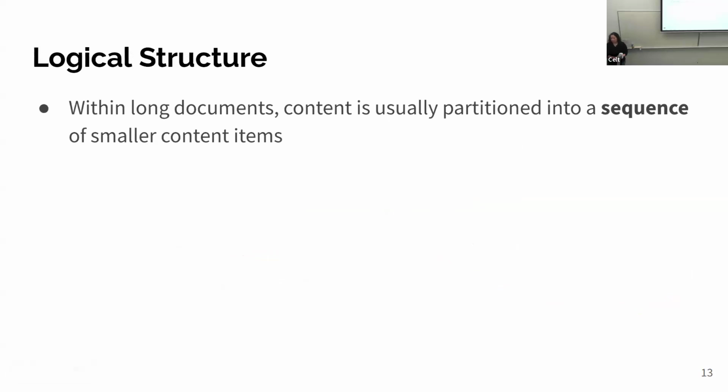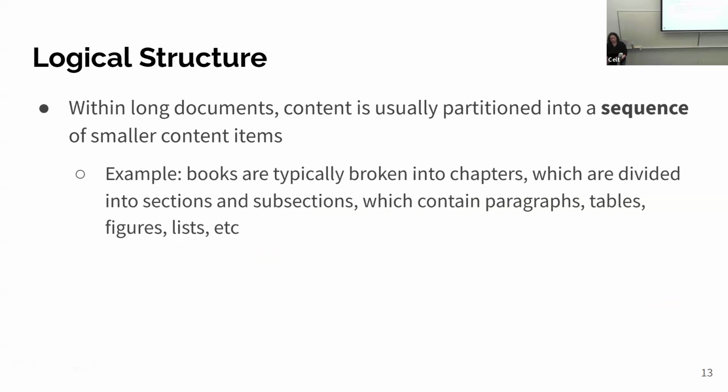When you have long documents, content is usually partitioned into a sequence of smaller content items. For example, a book, printed book or a digital book, is typically broken into chapters. Chapters are divided into sections.